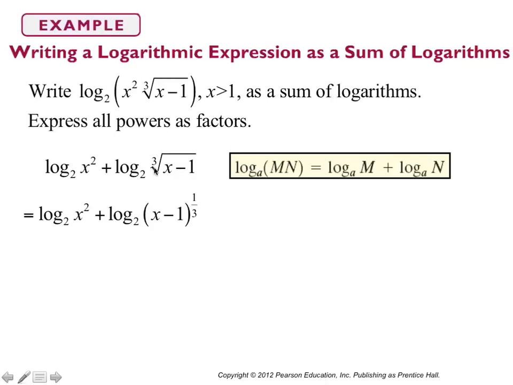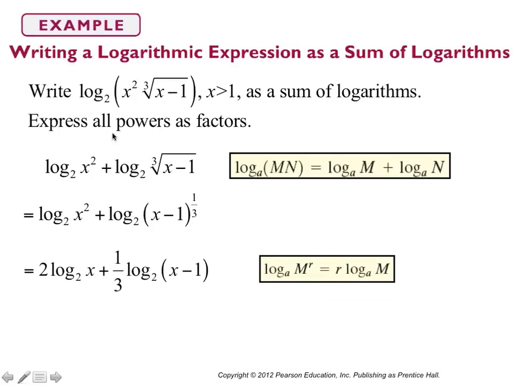And then what you can do is take this cube root and rewrite it as a power. So this can be log base 2 of x squared plus log base 2 of x minus 1 raised to the 1/3 power instead of having a cube root here. And then you want to express all powers as factors. So this 1/3 is a power, so you change it so that it's a factor just by moving it right out front here.